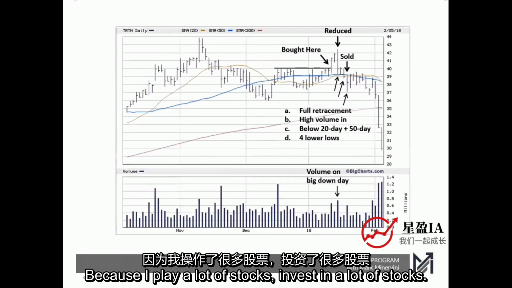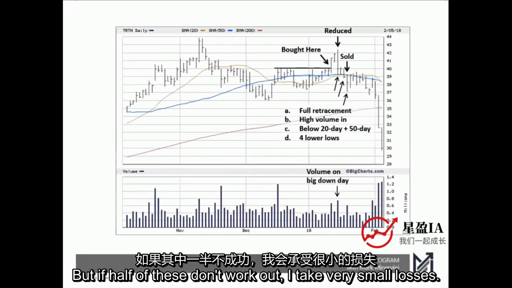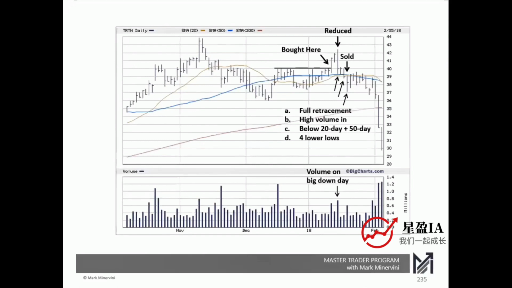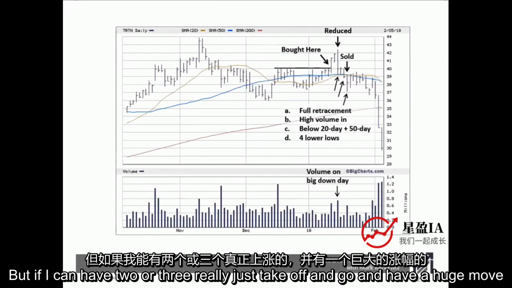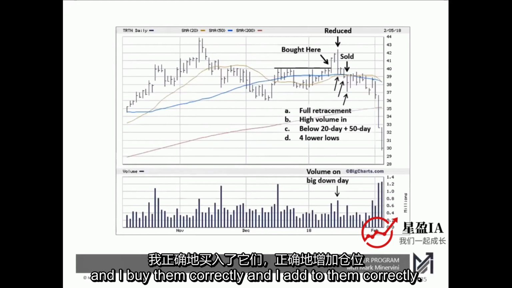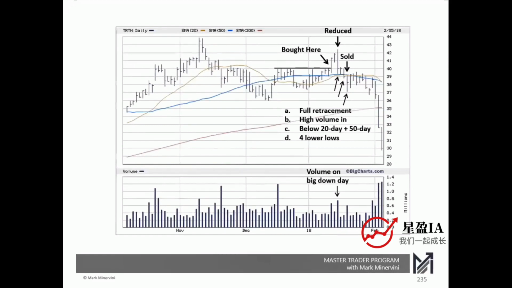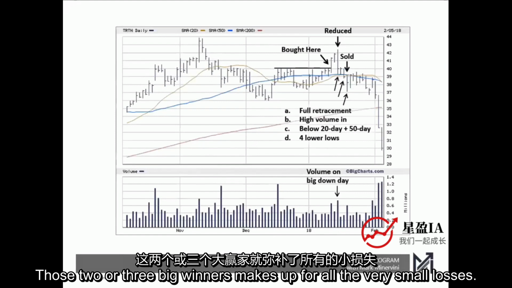If half of these don't work out, I take very, very small losses. But if I can have two or three really just take off and go and have a huge move, and I buy them correctly and I add to them correctly, those two or three big winners make up for all the very, very small losses.